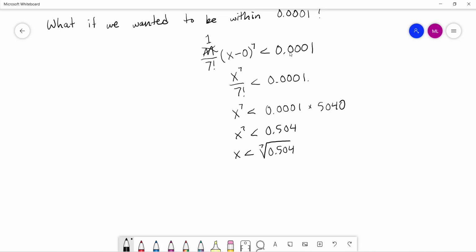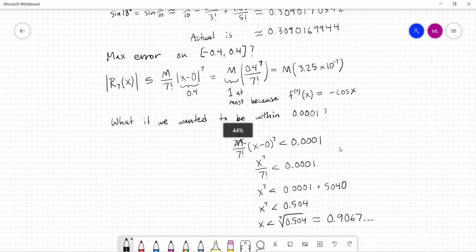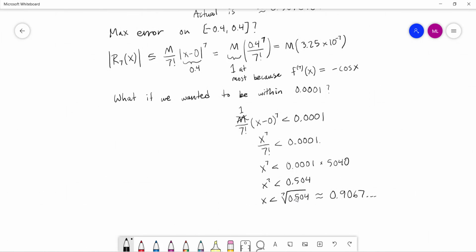And we can do that. And I get that this goes out to about 0.9067. So I can get all the way out to almost 1 radian away, 0.9 radians away from 0, and I'll still have an answer that's accurate within 10 to the negative fourth.